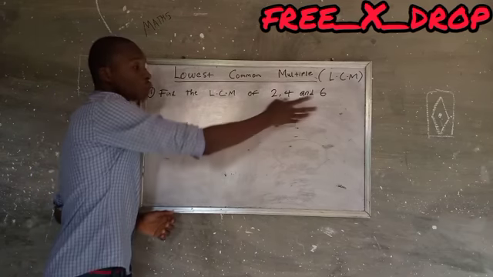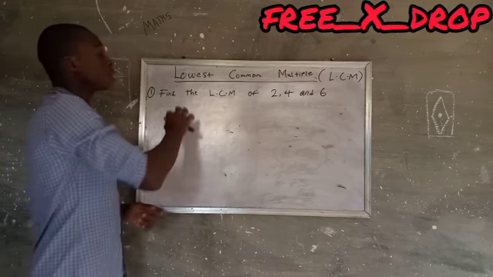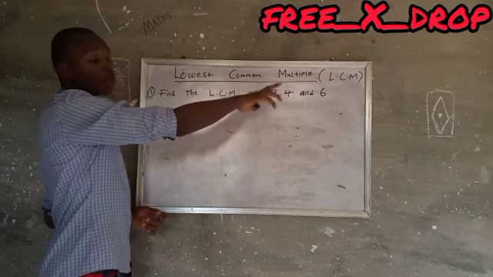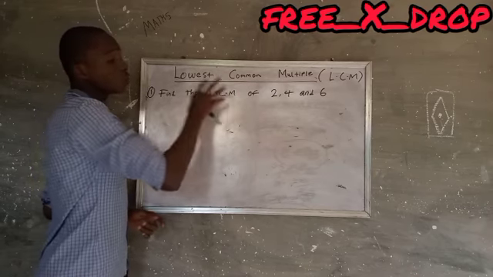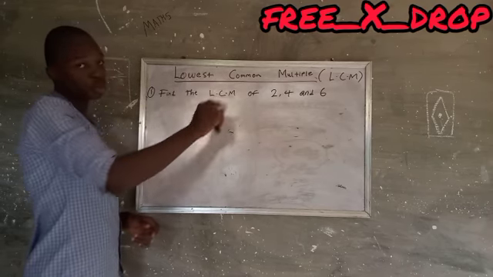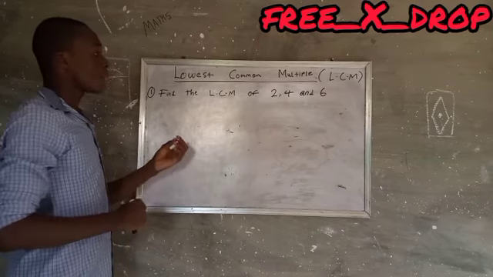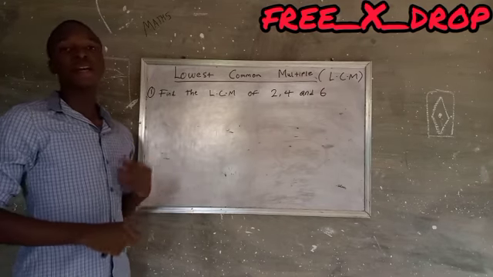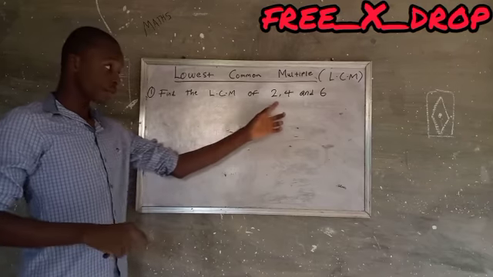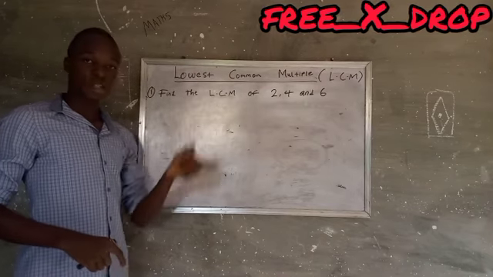I'm going to progress into this question because I have nothing more to explain about common multiples. So now I'm going to use this question to explain how to find the lowest common multiple of any question. Common multiples are multiples that are common in every number that you are given. But now they said the lowest one.